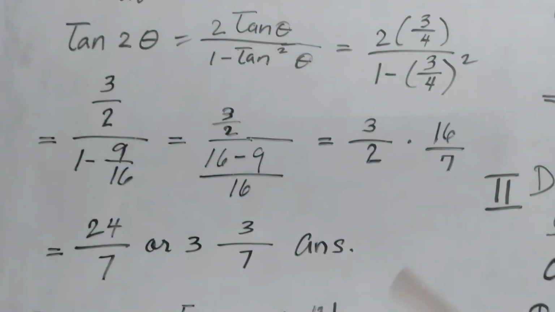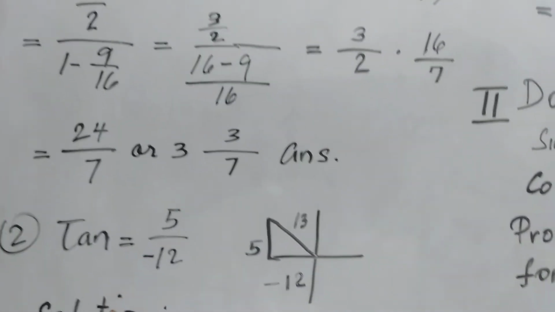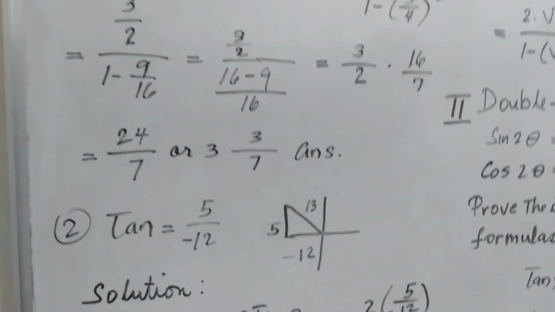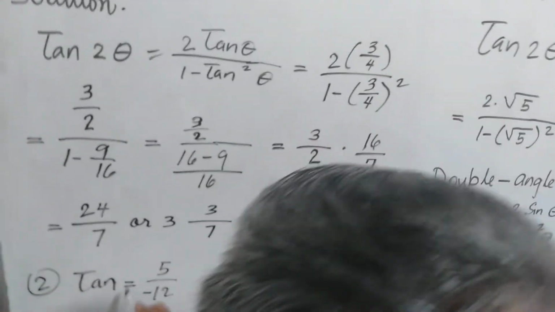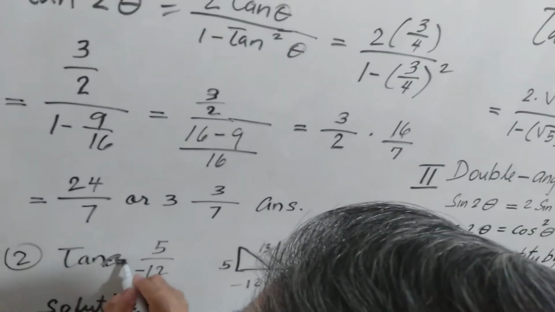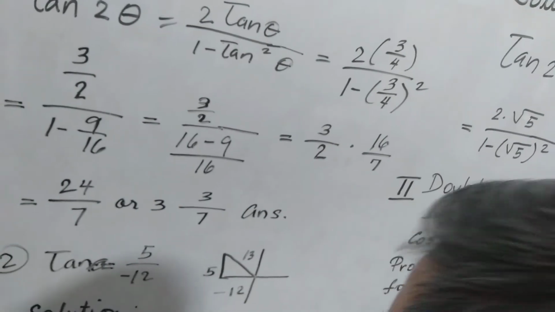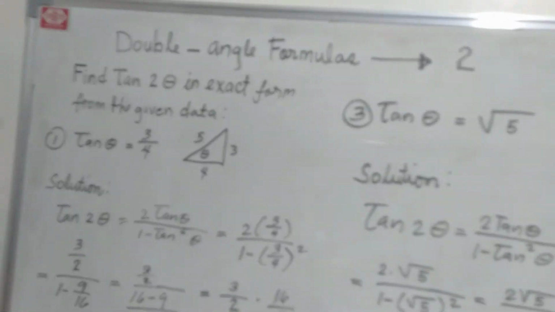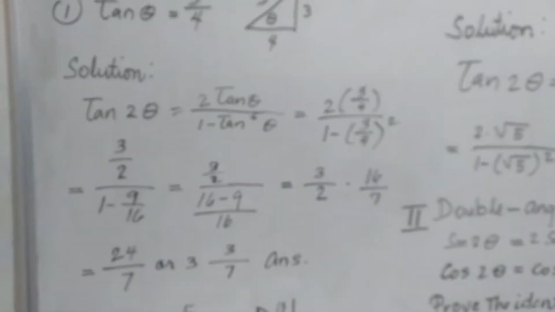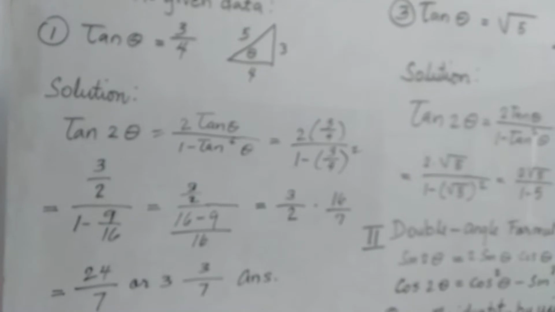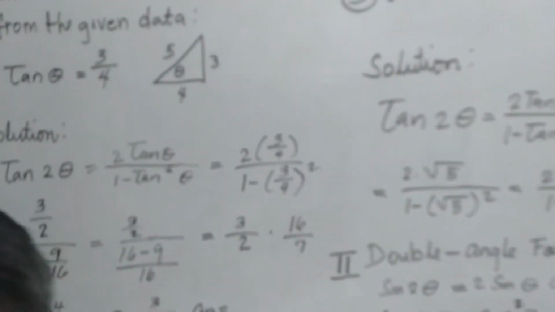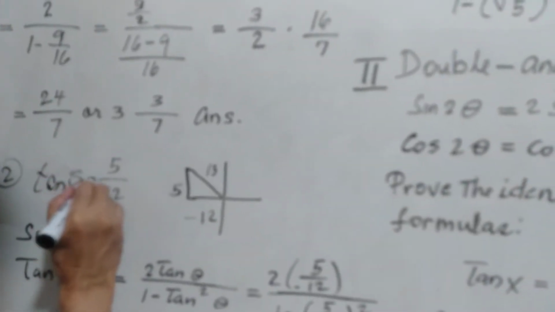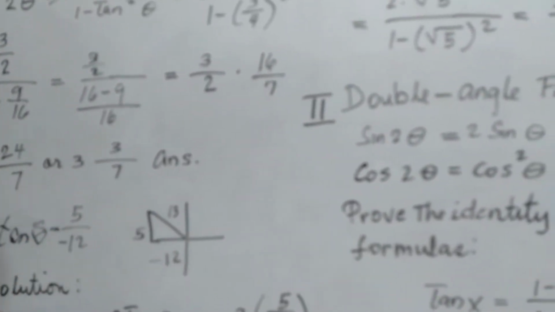So for number 2, the given is tangent theta equal to negative 5 over 12.